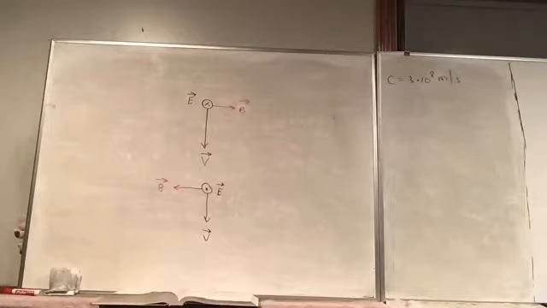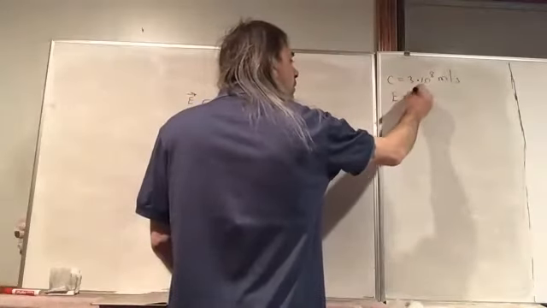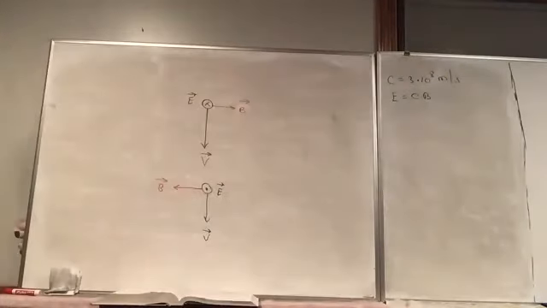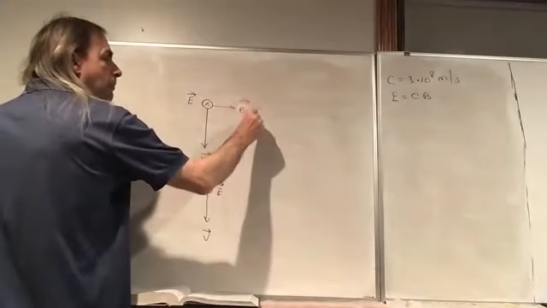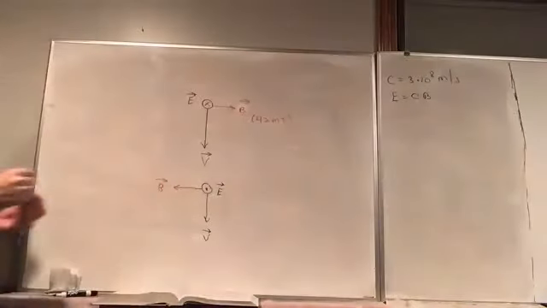Now, the electric and magnetic fields are related to each other in magnitude by the speed of light. So let's say the magnetic field is 42 milliteslas, just as an example.